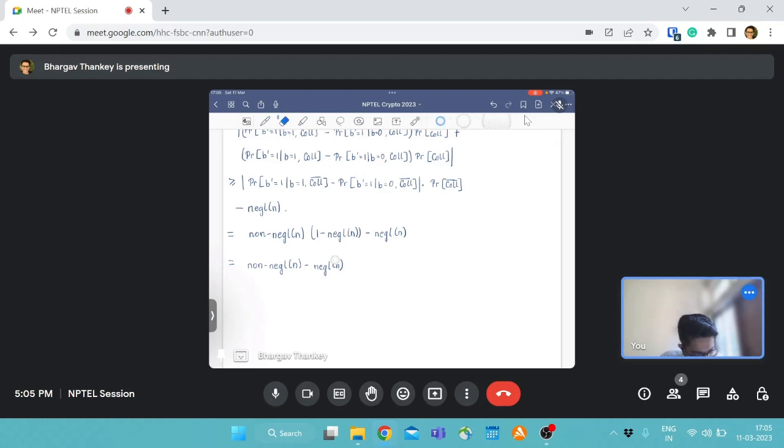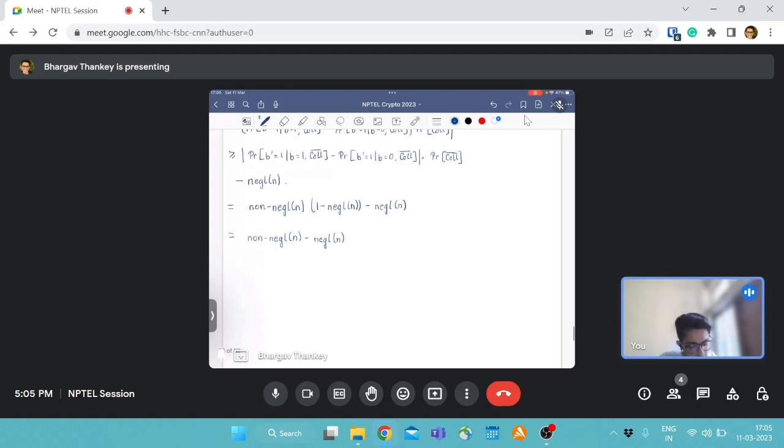And subtracting a negligible function from a non-negligible function gives us a non-negligible function. A contradiction.